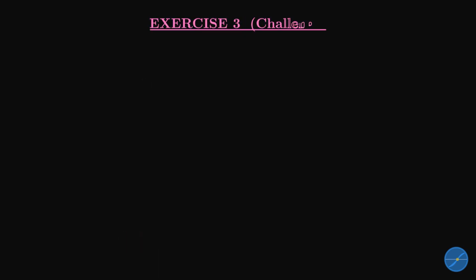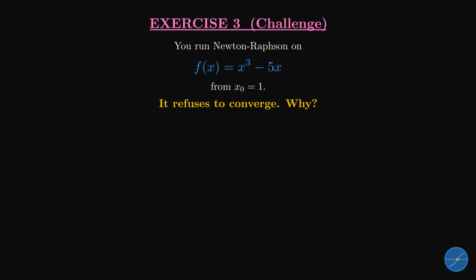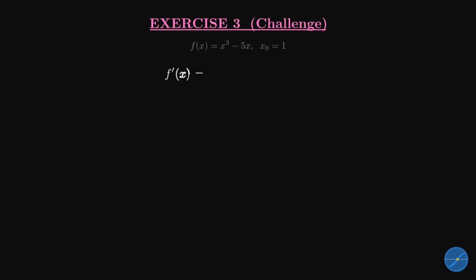Exercise number 3 is a challenge. You run Newton on f of x is equal to x cubed minus 5x from x naught is equal to 1 and it refuses to converge. Why? Pause and compute f prime of 1. f prime of x is equal to 3x squared minus 5.